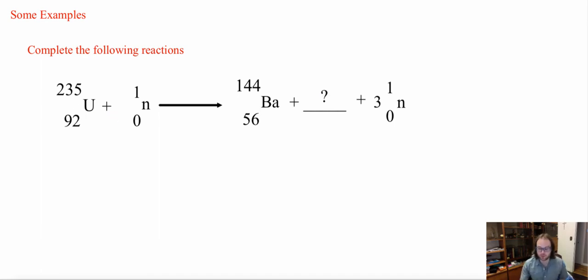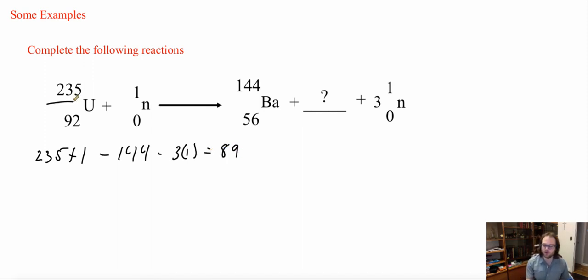So in other words, I'm going to have 235 plus 1, and then we're going to minus 144 minus 3 times 1, and that's going to give me a total of 89, because I took all of my atomic masses to figure out what this one is.